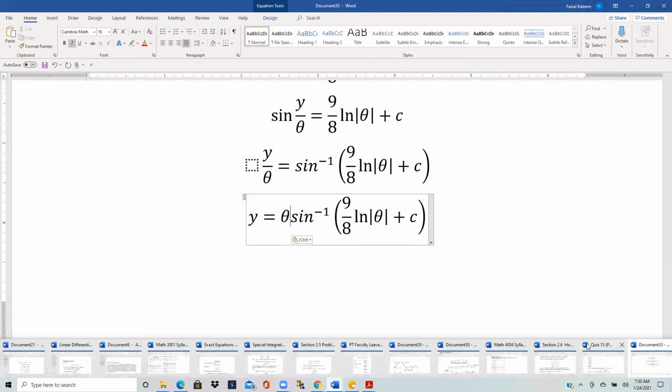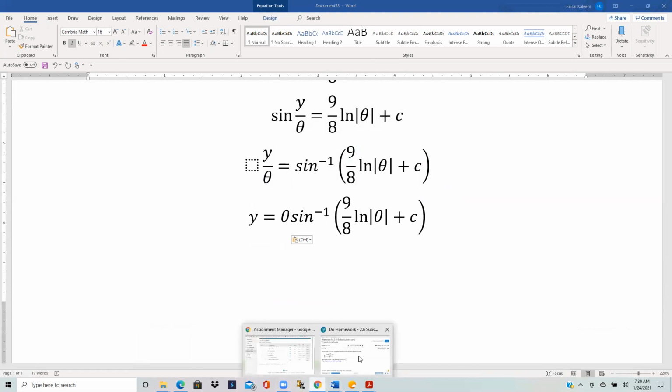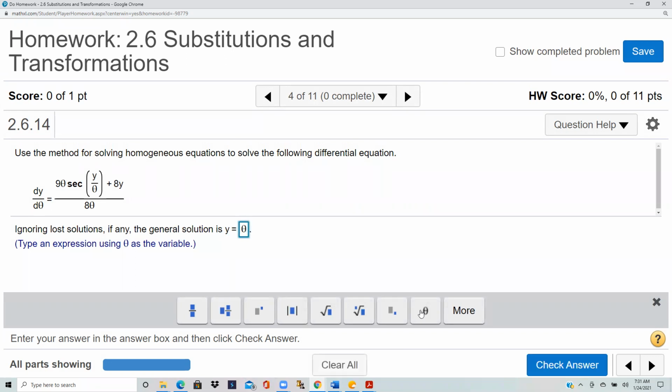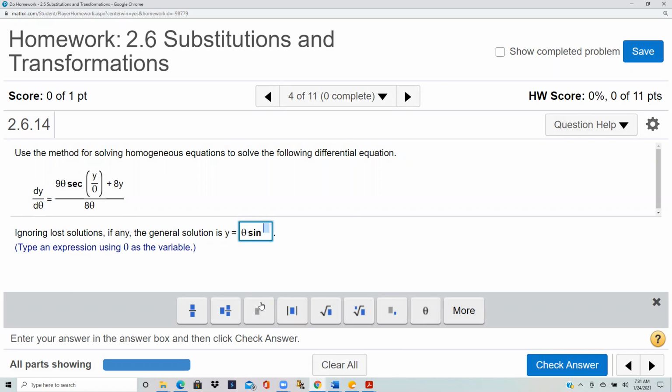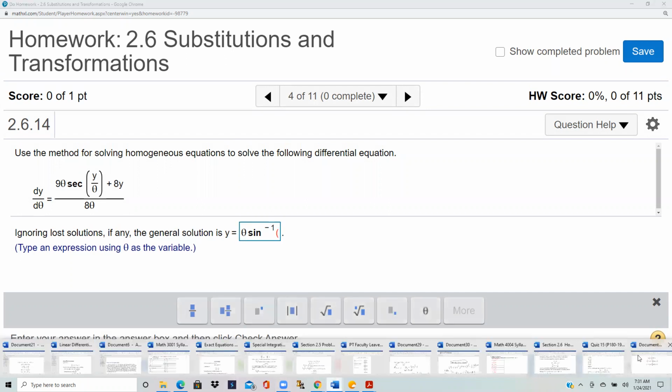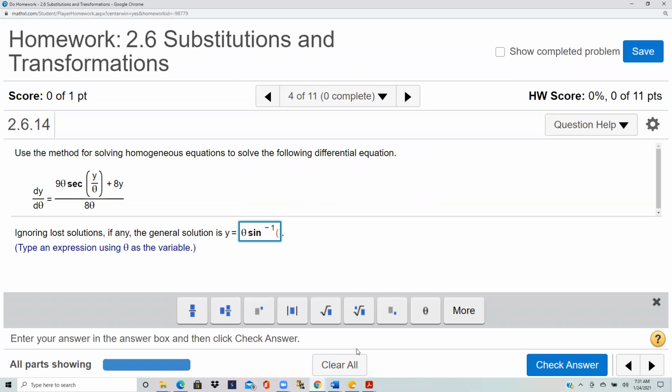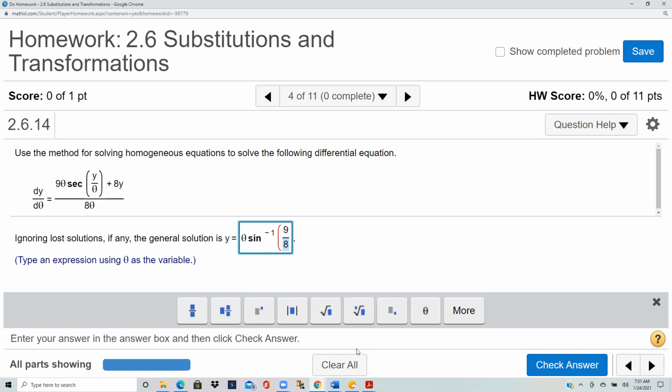So let's see, I've never written sine inverse before in the software. So theta sine inverse 9 over 8 ln theta plus c.